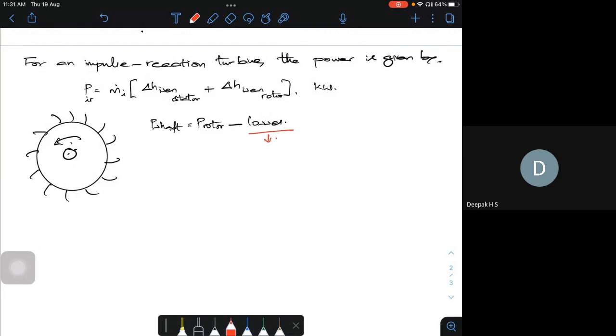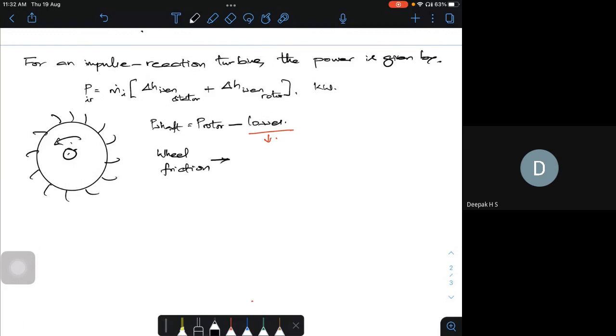Most of the time these losses are mainly because of friction. We can call that wheel friction losses. Those are the major ones.